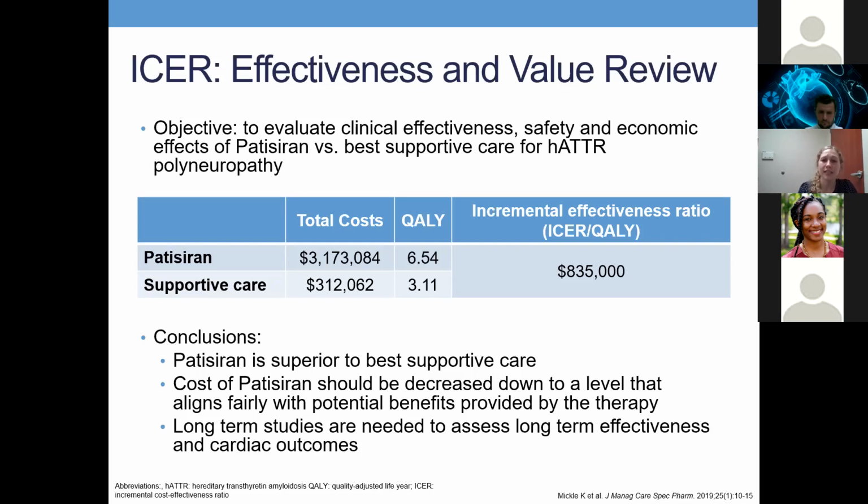But similarly to tafamidis, unfortunately, it's not cost effective with an ICER per QALY ratio of $835,000. So the authors say that the price should be decreased down to a level that aligns fairly with potential benefits provided by the therapy.